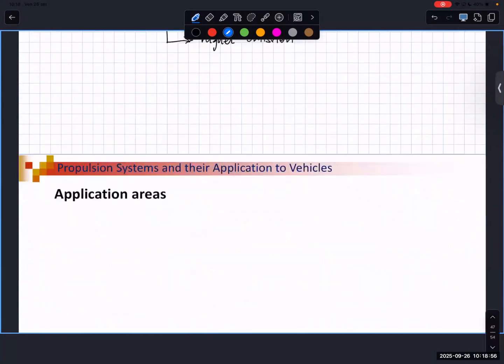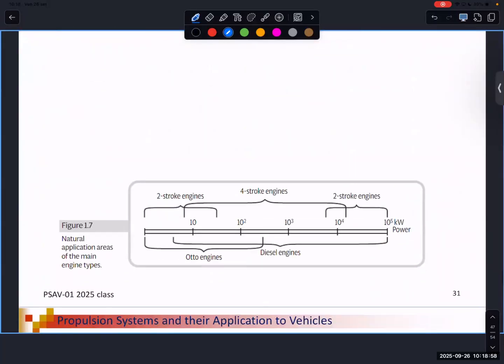So, if we consider the different engines, four-stroke engines are generally used for intermediate displacement. Two-stroke engines are generally used for really small applications.